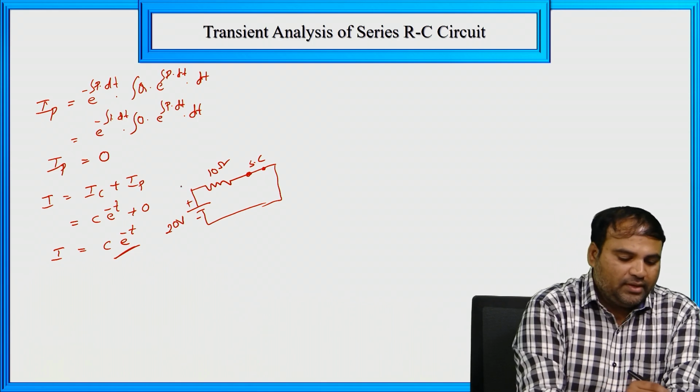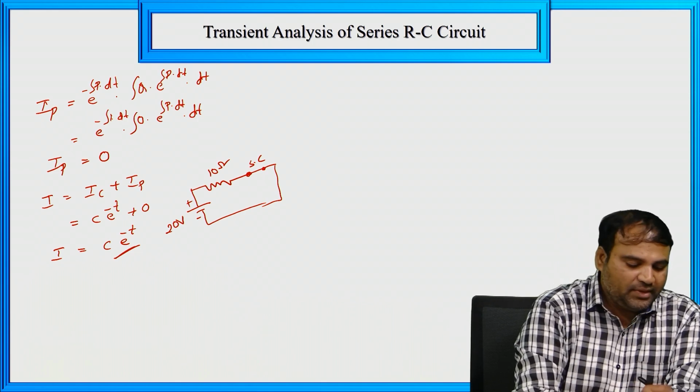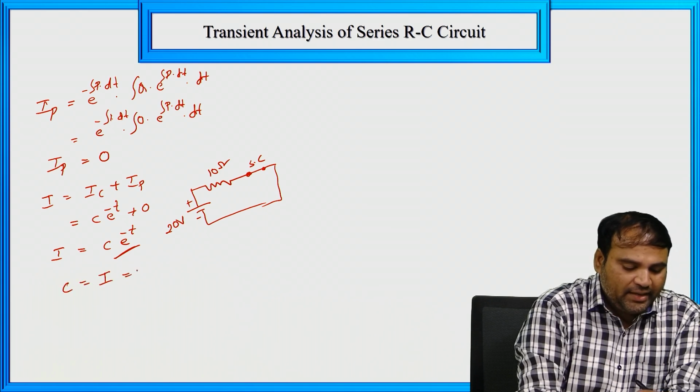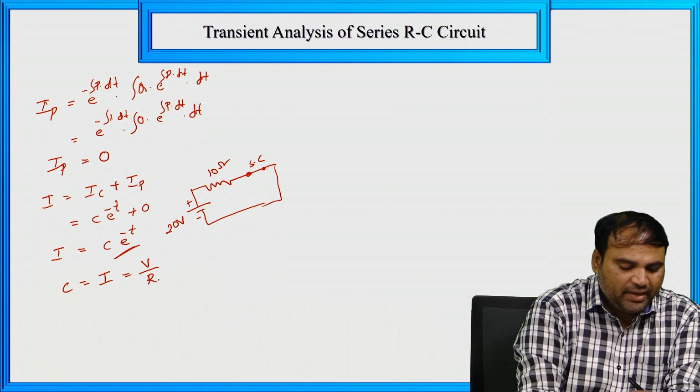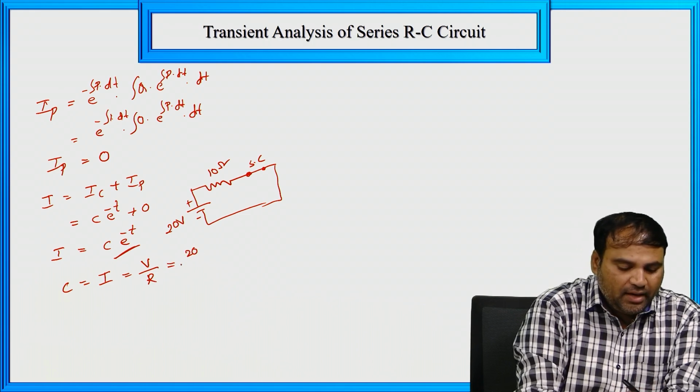Now by using this circuit, we need to calculate the constant term C, or the total current I. According to Ohm's law, I equals V by R, that is 20 by 10, which equals 2.